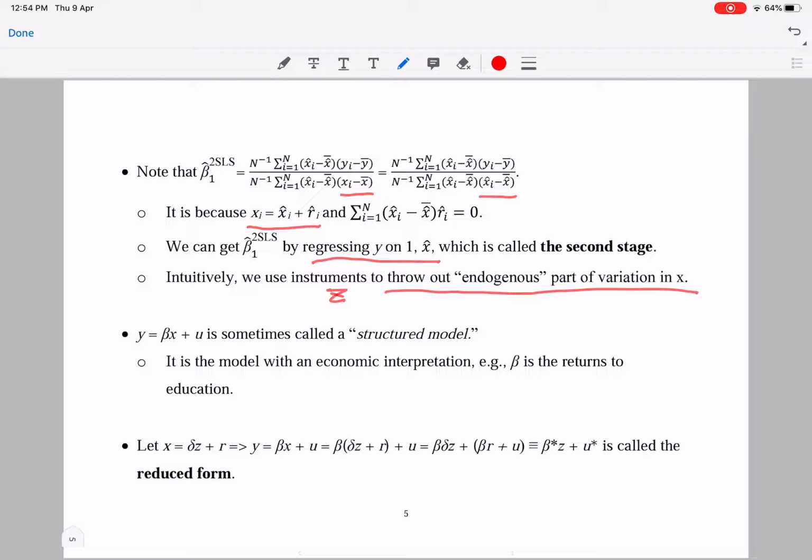Because x_i hat is a function of z, so we only keep x_i hat, but we drop all the endogenous part of x, those residuals here, we just throw them away. We just threw this endogenous variation away. We just use the exogenous or good part of the variation of x. Right? So intuitively, we use the instrument Z to pick up the good variation and throw away the endogenous variation of x.